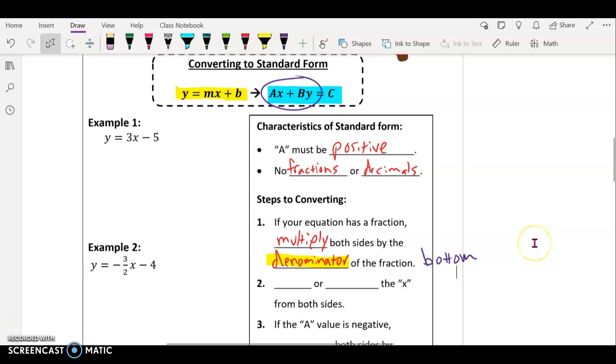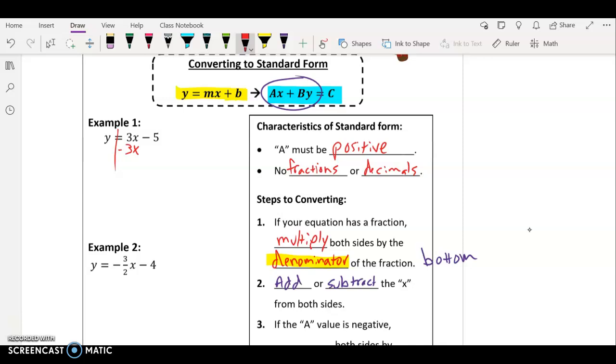Lucky us. So now we're in the second step, which is we either need to add or subtract the x from both sides. Since ours is a positive x, we are going to subtract the 3x from both sides. So I'm going to subtract it here.